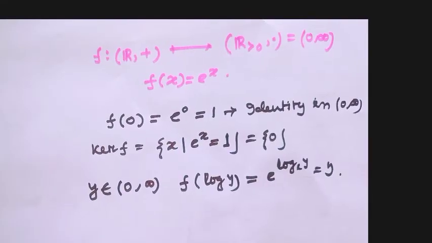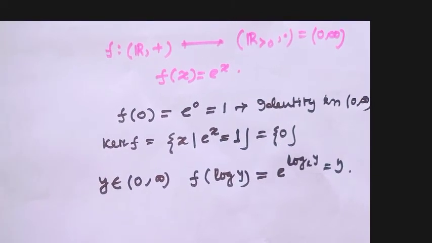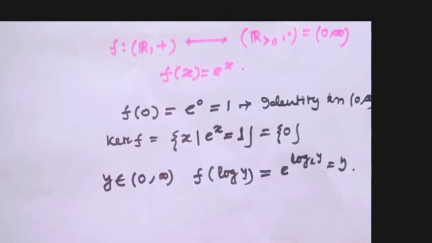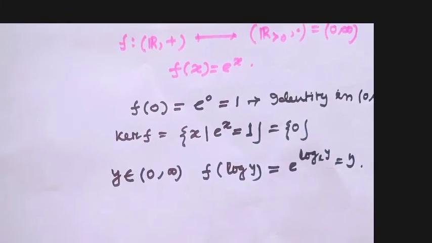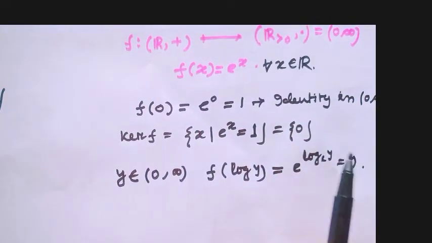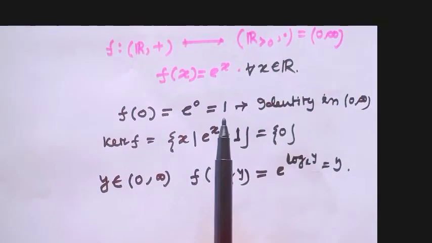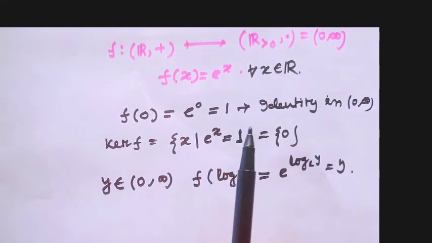f from real numbers under addition to positive real numbers under multiplication, and the map is defined as f of x equal to e to the power x, for all x a member of the real numbers. Okay, and I have shown in my previous video that this is an example of a homomorphism.